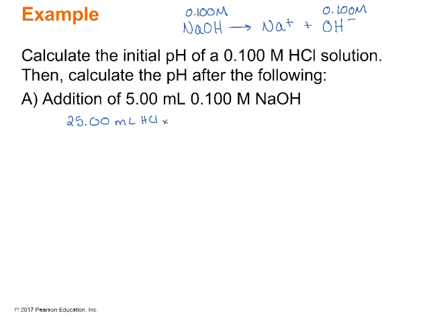And if we want to determine the number of moles of hydrochloric acid using the concentration, we need to convert milliliters to liters. So remember that there are 1,000 milliliters in every liter. And now we can use the concentration of hydrochloric acid to calculate how many moles of hydrogen ions we have.